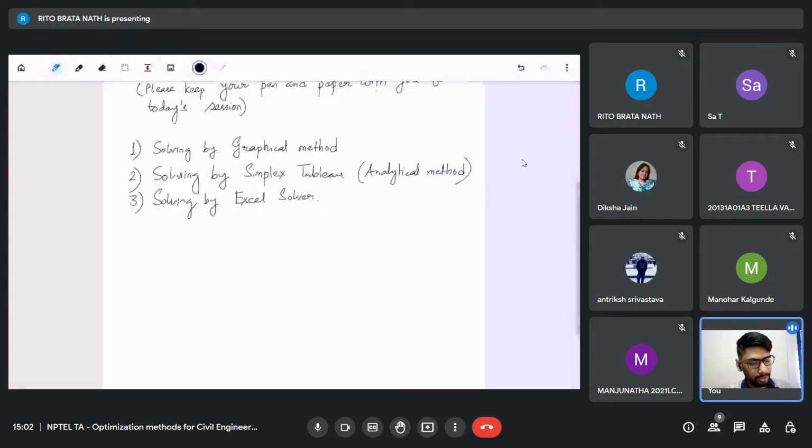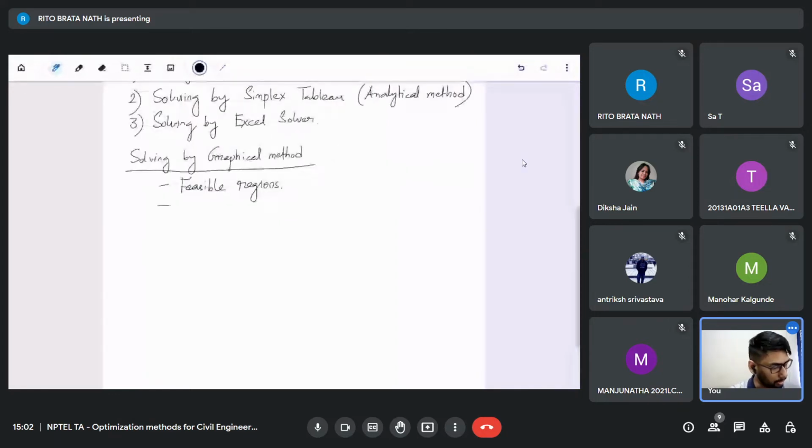For this, you would need to know how to draw the feasible regions, where the corner points are, and also where the optimal solution will occur. Is my writing visible? I think I got disconnected. Okay, now it's connected, I guess.